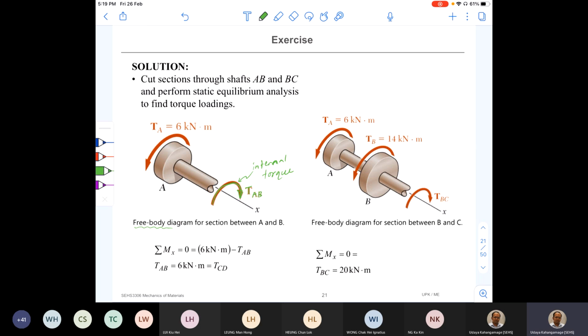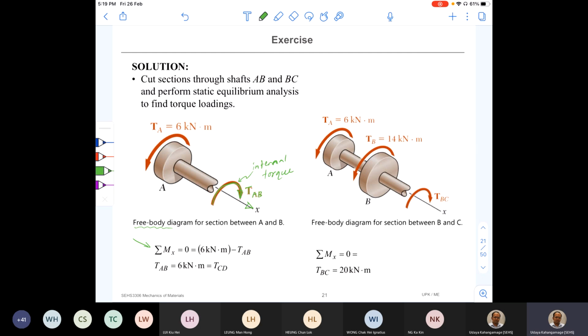So now we need to first define our directions properly. Maybe we mark the arrow to show the positive x direction here. So we'll take moment in the positive x direction, this direction, and add them all together should be equal to 0.